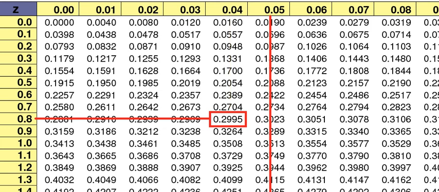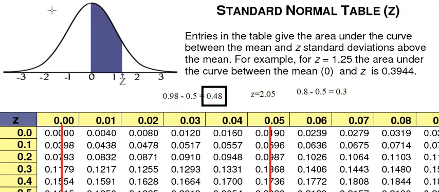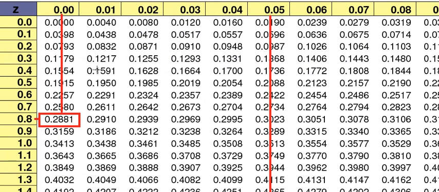Oh, sorry about that. 0.8 is Z, so we need to find this number. So we have 0.2881.